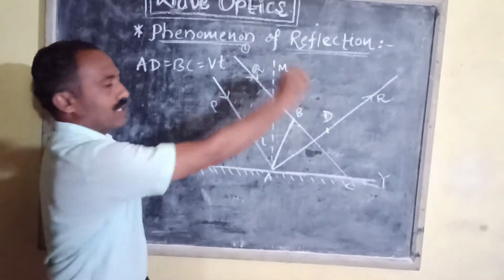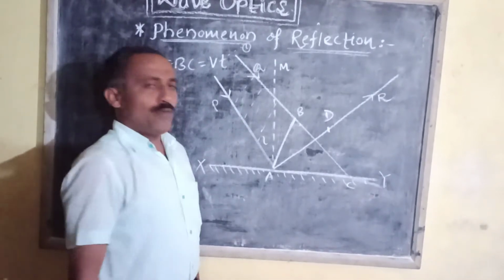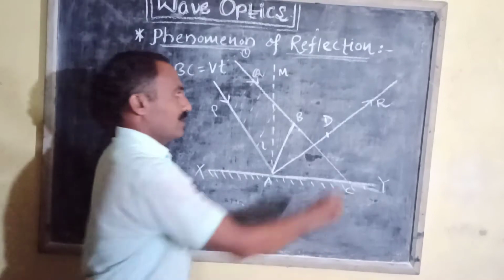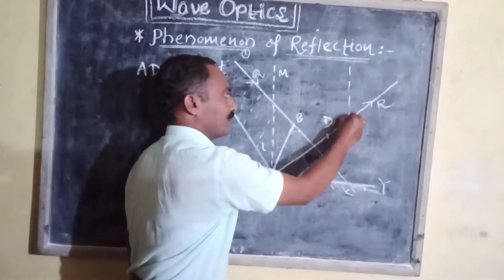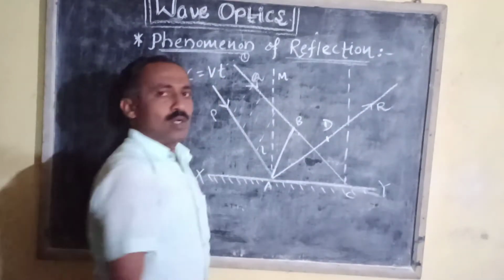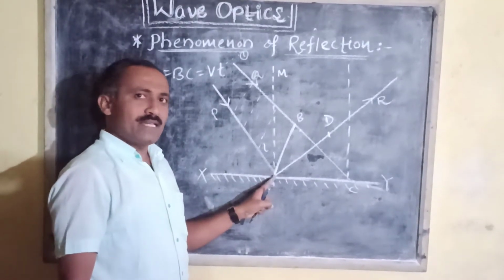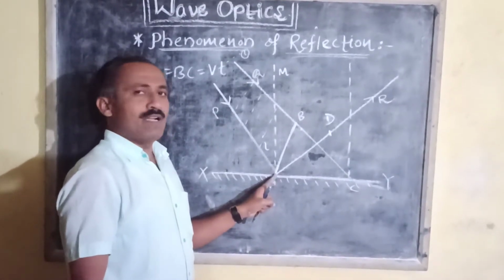Equation number 8. To find the position of the reflected wavefront, draw the hemisphere with A as a center and radius equal to VT.